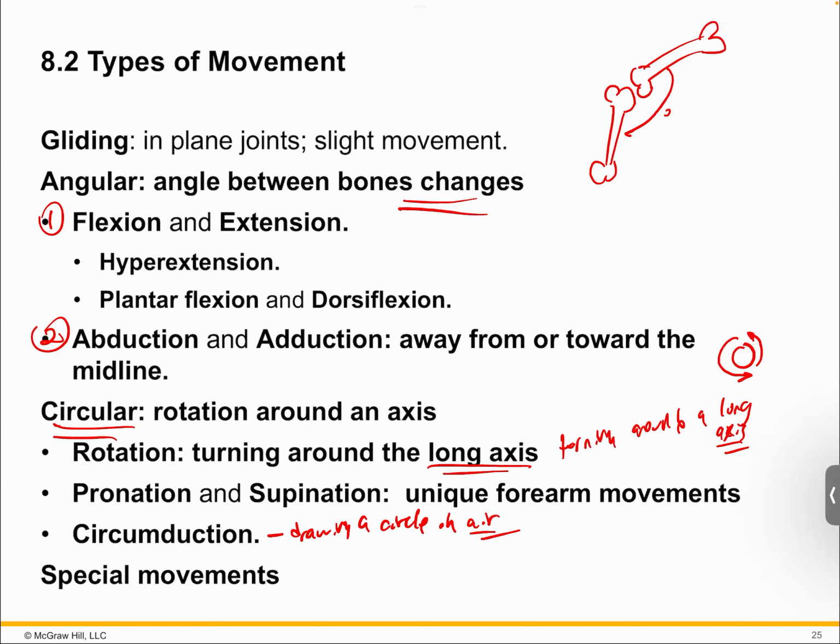I'm going to do rotation with my arm. So what I'm going to do is rotate this around. And notice what I didn't do. The wrist is not moving. Now I'm going to do circumduction. So circumduction is like drawing a circle in the air.